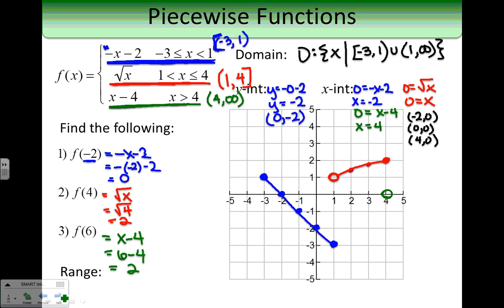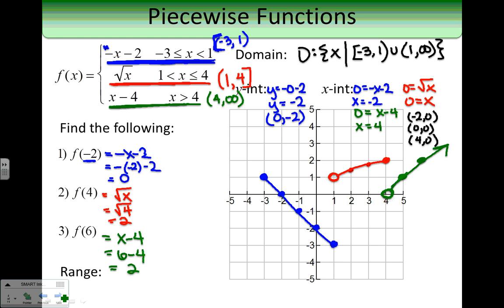I use an open circle because it's not equal to. My next one on the graph is 5, so I plug in 5. 5 minus 4 is 1. Let's go ahead and do one more. Plug in 6, so I get 2. And this one does continue on to infinity, so we can draw an arrow at the end.